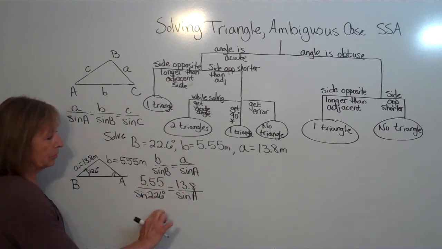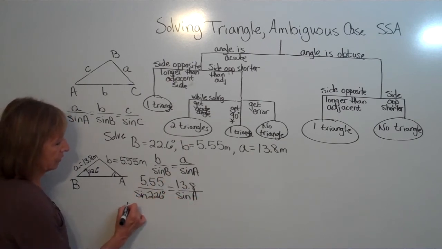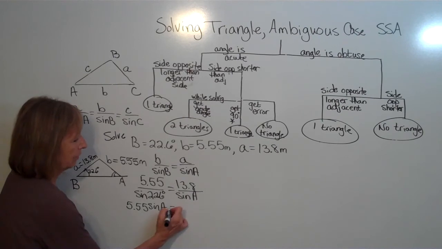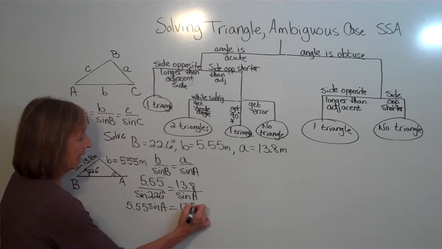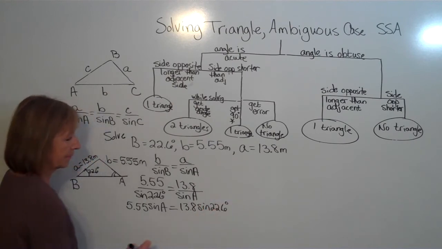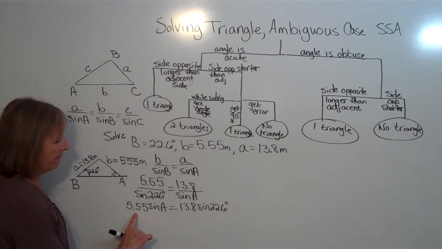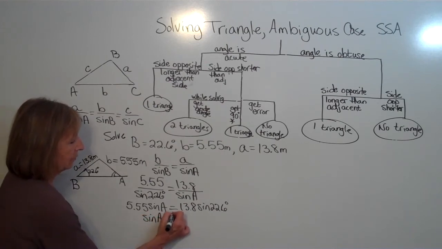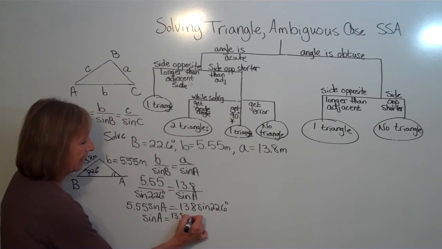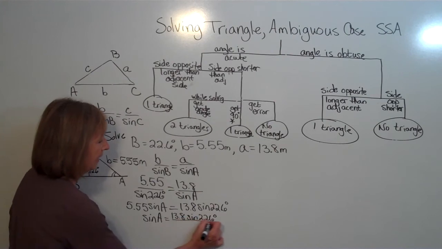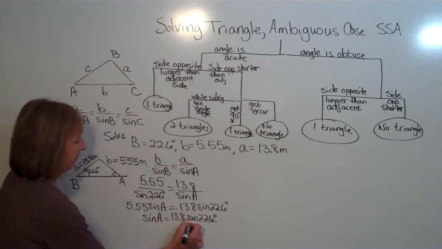Now as I go through and do the product of the means equals the product of the extremes, I have 5.55 times the sine of A is equal to 13.8 times the sine of 22.6 degrees. Divide both sides by 5.55. I have sine of angle A is equal to 13.8 times the sine of 22.6 degrees divided by 5.55.